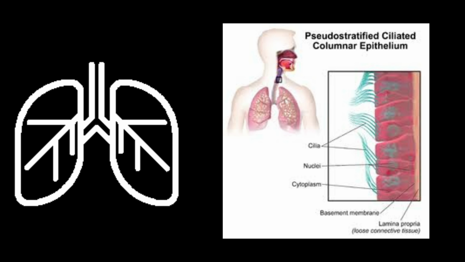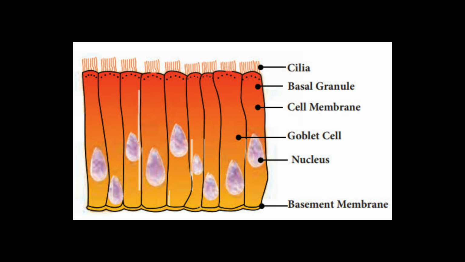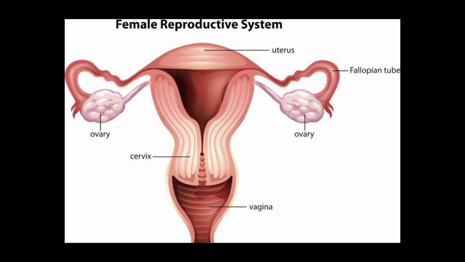The columnar epithelium which is present in our lungs has cilia which help in upward movement of mucus. Columnar epithelial tissue which has cilia is also called ciliated columnar epithelium. Ciliated epithelium is also found in the fallopian tube of the female reproductive part, which helps in movement of ova or egg from ovary to uterus.